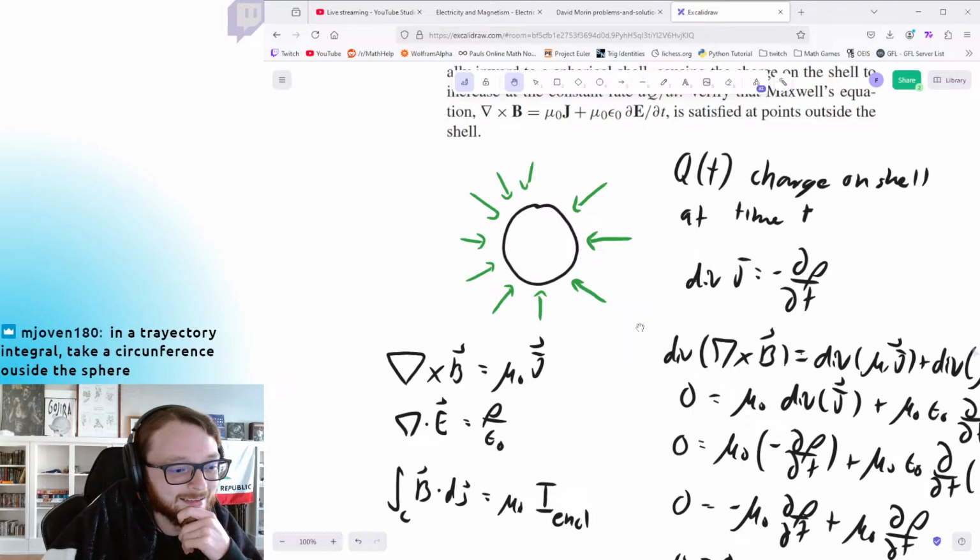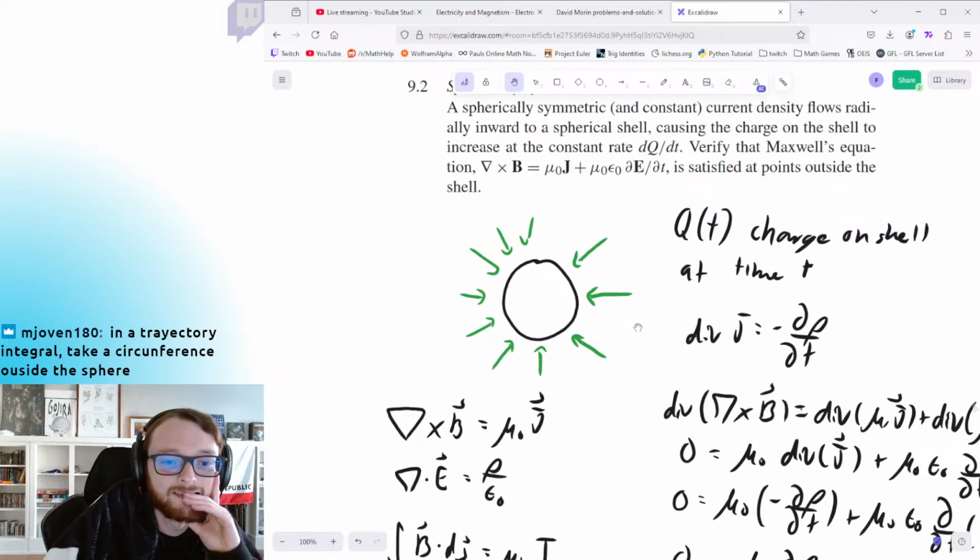Unless we have to do all this work, like try and get the electric field as a function of time, say at time 0 there's no charge, and then find the charge on the surface as a function of time, and then find the electric field as a function of time and all that. But I don't think we have to do all that, right? And I wouldn't know how to find the magnetic field anyway. I just don't know how to find it.